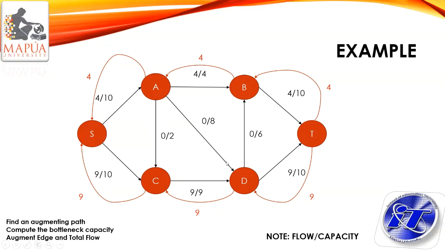So now, definitely, we're going to choose D. So A to D. Now we're in D. We have two options, going to B or going to T. You may go to T so that we could use this last capacity. But for me, it is better to go to B and then go to T. Why? Because as you can see, the unused capacity here is 6, and the bottleneck here is also 6, and here 6.